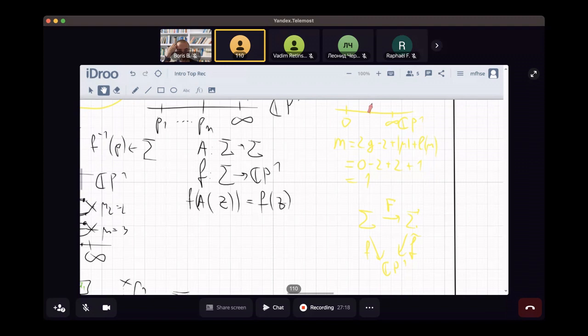So what was our definition of a covering? Let's recall. A covering was a map from sigma to CP1. So it had to be continuous, right?